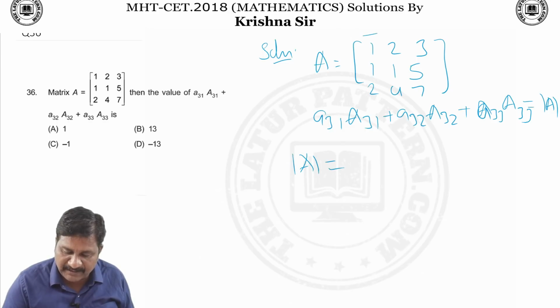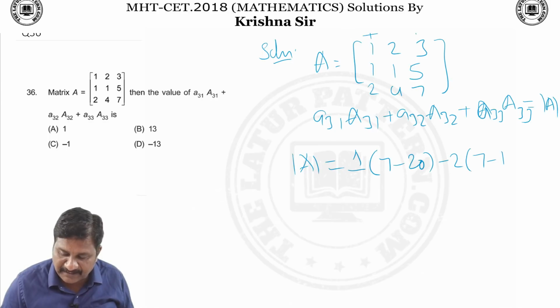Okay, so by taking plus, minus, plus, 1 into the corresponding cofactor determinant is 7 minus 20, minus 2 into the corresponding determinant is 7 minus 10, plus 3 into its corresponding determinant is 4 minus 2.